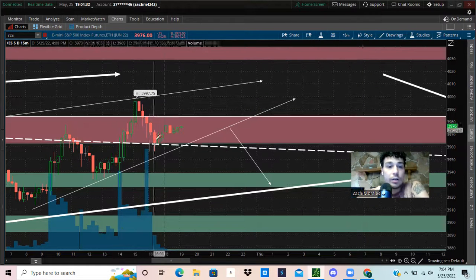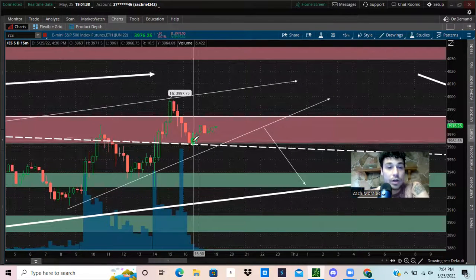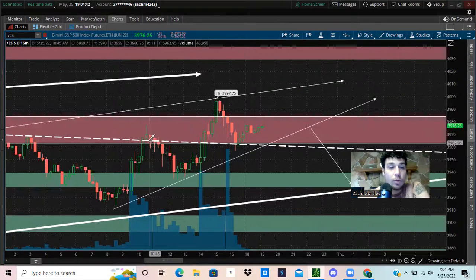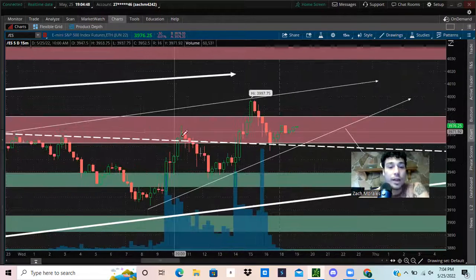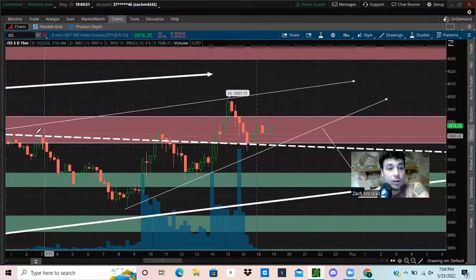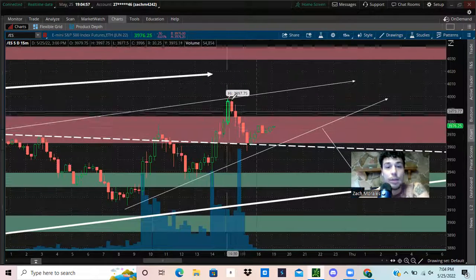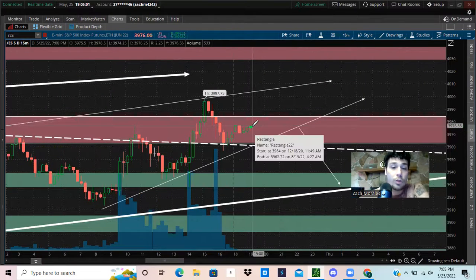And then, if you look here, you can wait till you come back down into this level and look to see if you want to take it long here, or you can look to go short once we start entering the zone. As you see here, the first couple times it was valid as a supply zone, but you've got to think, all of those sell orders filled. Boom, we got more sell orders filled. Here, there just wasn't enough sell orders. There were just more buy orders. It's just a simple auction process, and that's how the market works.